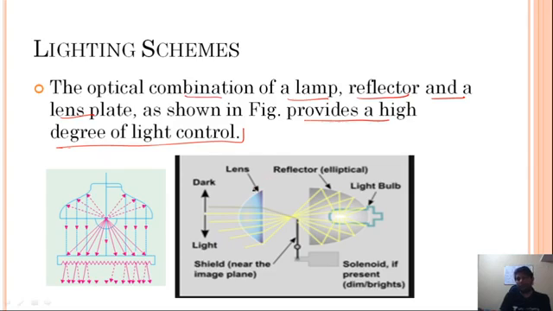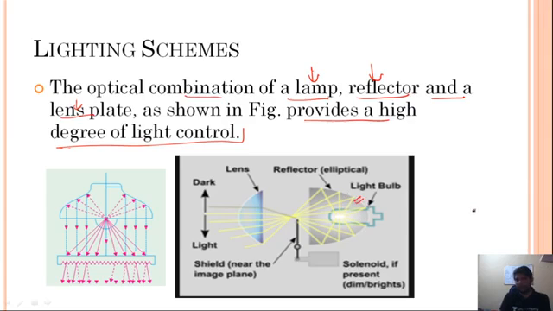Okay, so with all these parts, lamp, reflector and lens plate, we control the amount of light and the degree of light, the certain amount of light that we require in our working plane. As you saw, this is our bulb.